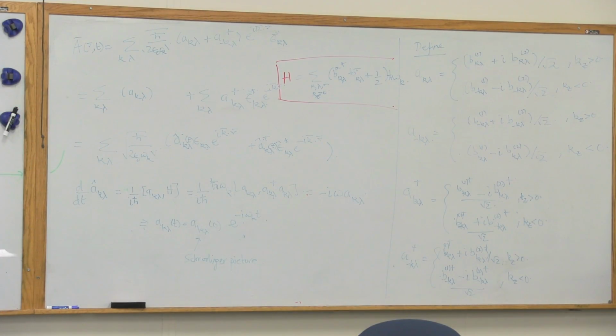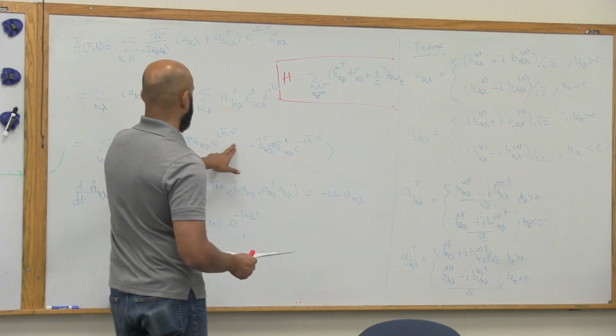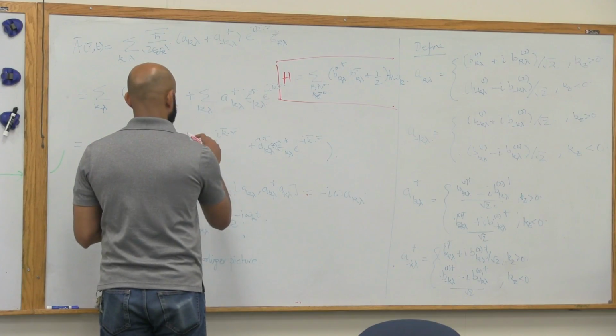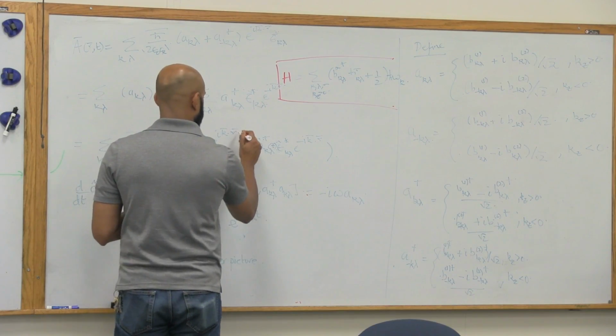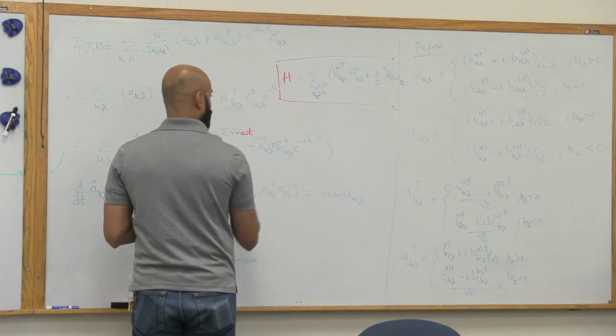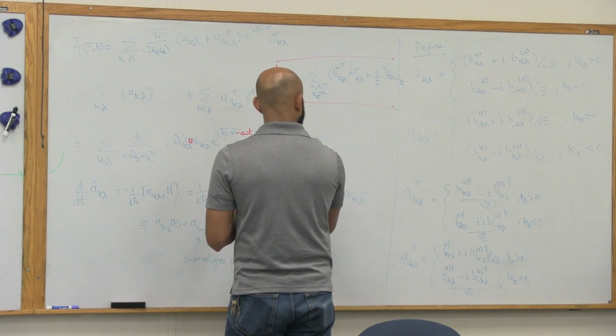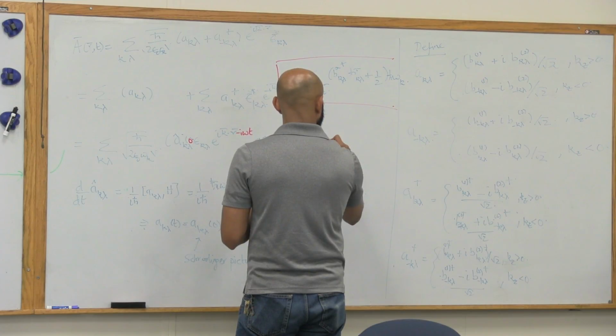So you'll just get e^{i(k·r − ωt)}, and let me cheat and put that in here.